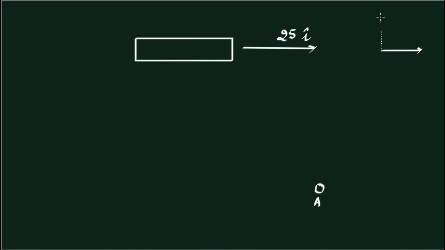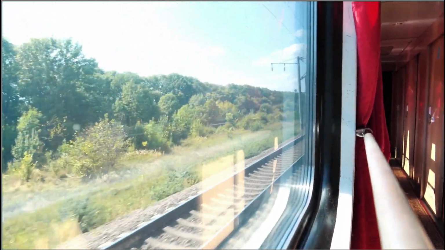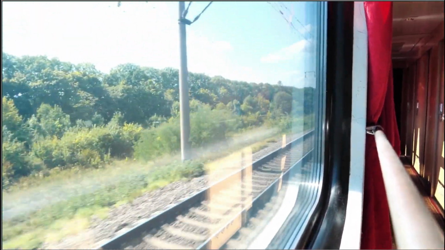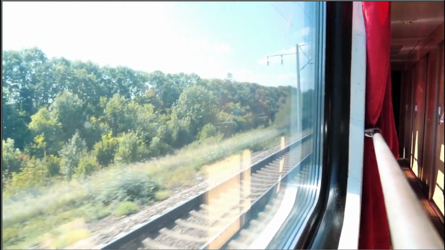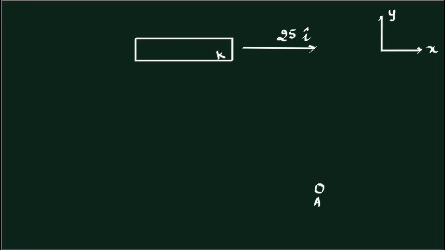and y-axis pointing north. Kundavai, who happens to be sitting inside the train, is also carrying measuring instruments, and from her point of view, the train is not moving. It's the tracks, the trees, the electrical poles, all of them are moving in the opposite direction, and as far as she is concerned, the velocity of the tree near Adityan is minus 25 i cap.